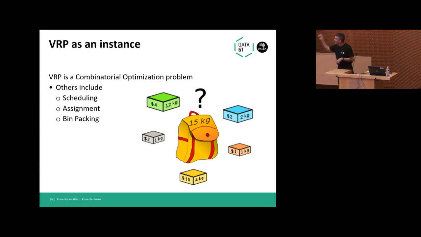And bin packing. In the bin packing problem, I've got a knapsack of a known size and a bunch of items of different weights and value, and I want to pack the maximum value into my backpack. It's an NP-hard problem, but one that can be approached using the techniques that I'll talk about today.